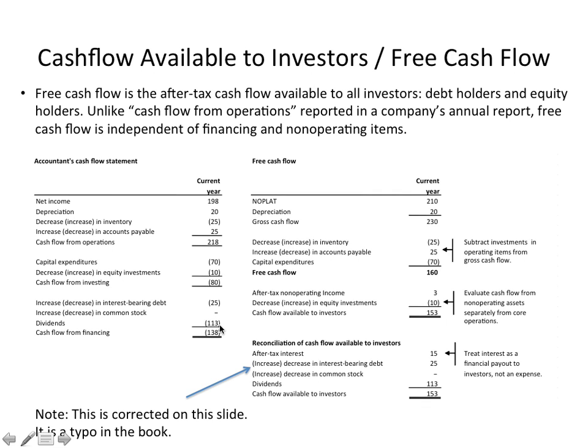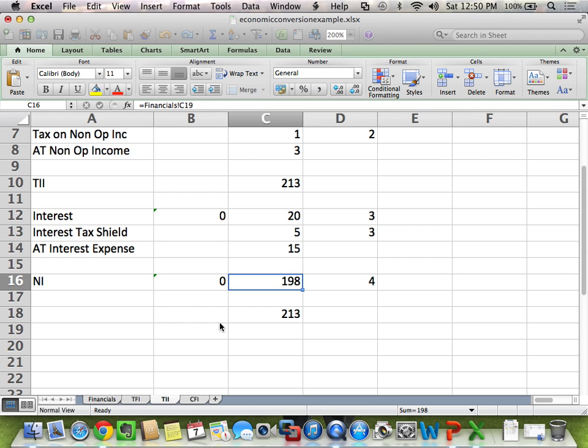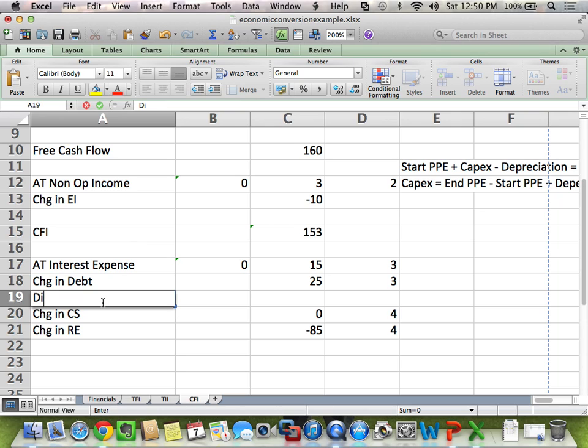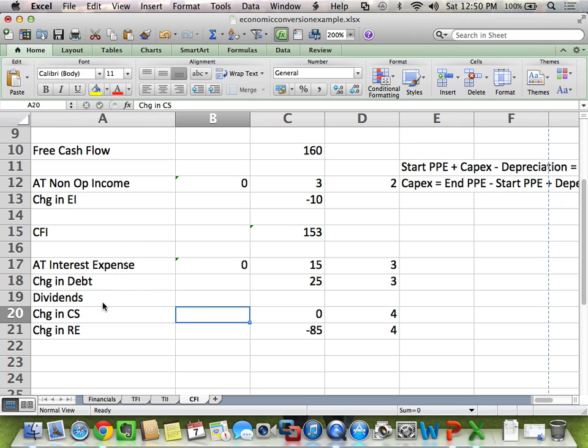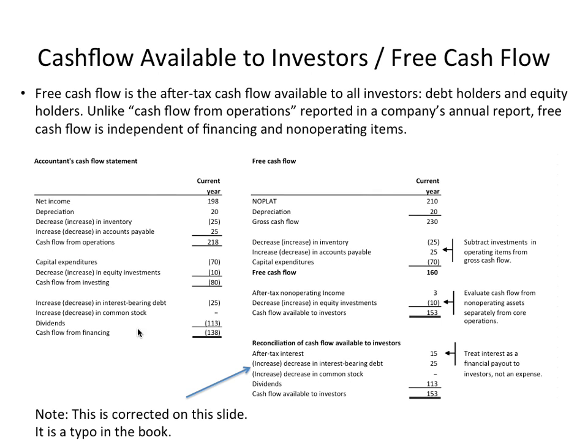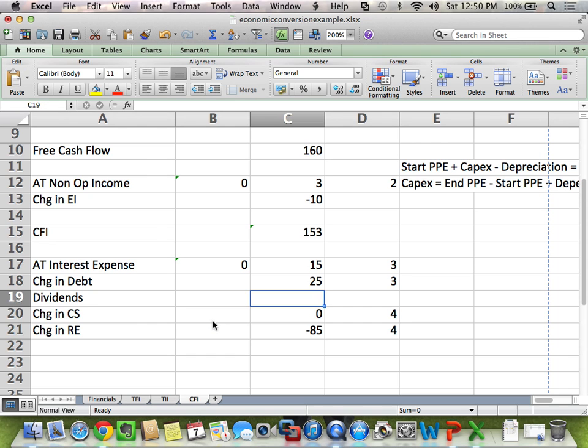And the cash dividend paid was $113 million here. So I need to put into my CFI the dividend paid. 113, positive or negative number on the statement of CFI? Positive number because it's a payout to the shareholders.